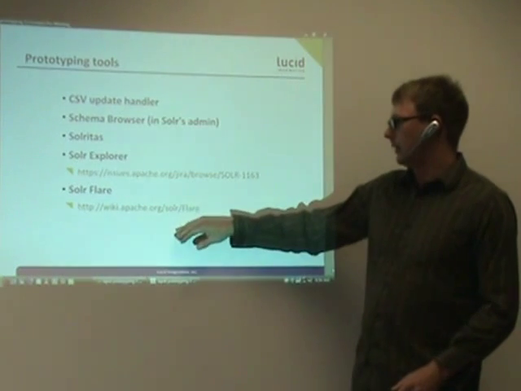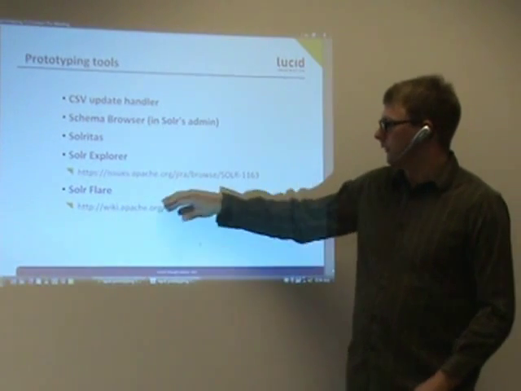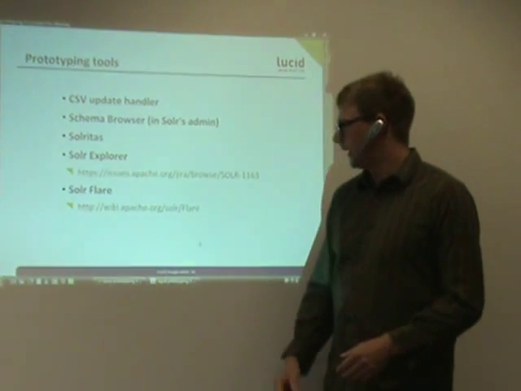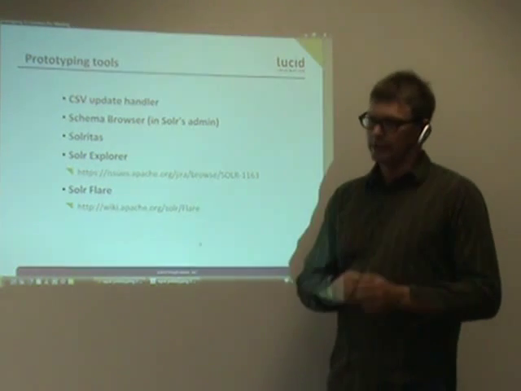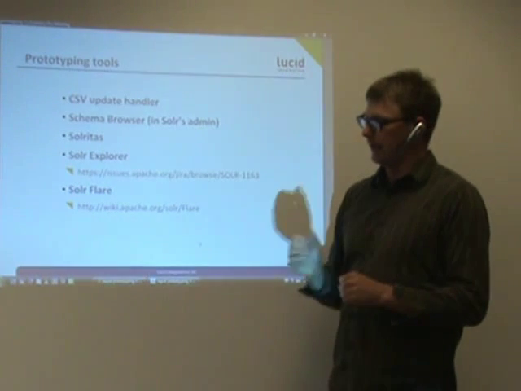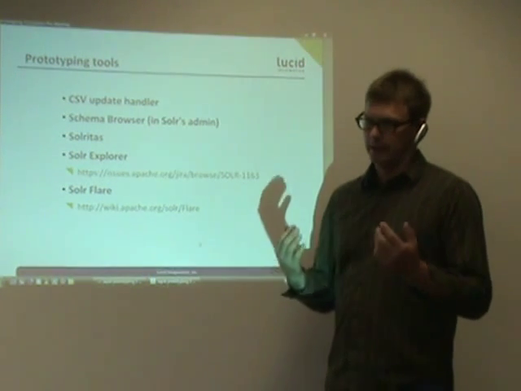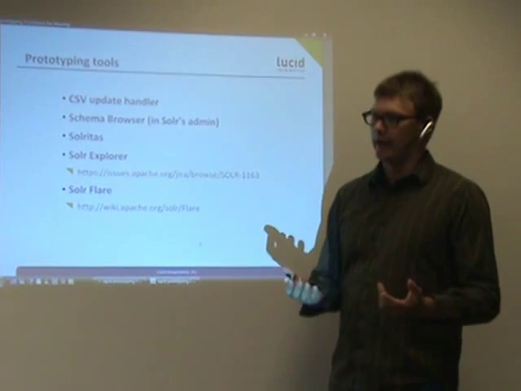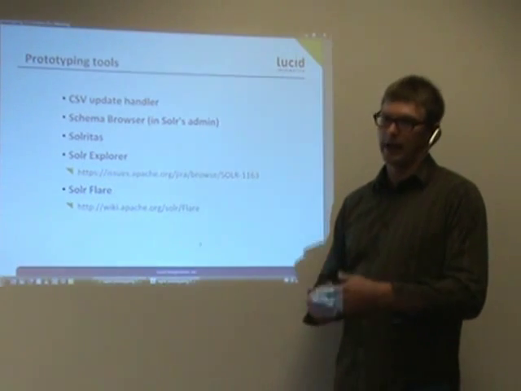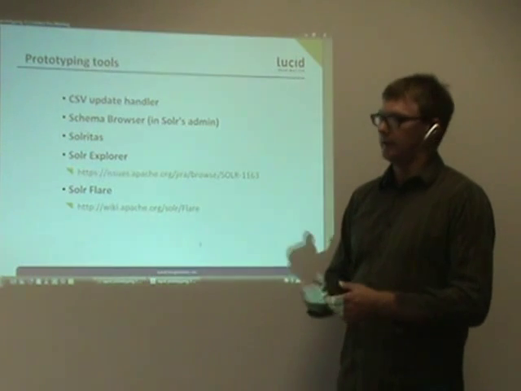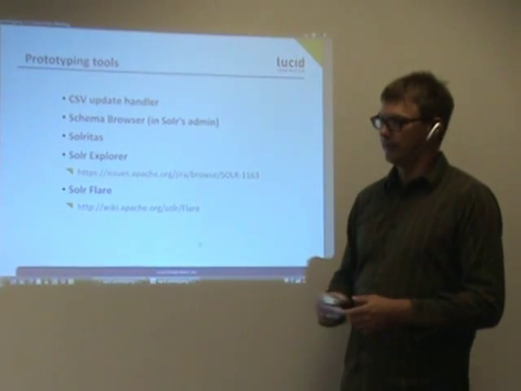And the last thing I'll mention, and this is just kind of a pet project of mine, Solr Flare. It's a Ruby on Rails plugin. Very easily you can point it at a Solr installation and have it give you a faceted view. It's got a couple of nice bells and whistles built into it above and beyond what we've already seen. It's got Ajax Suggest. It's got pie charts for each one of the facets.